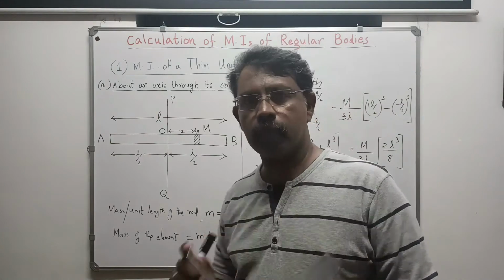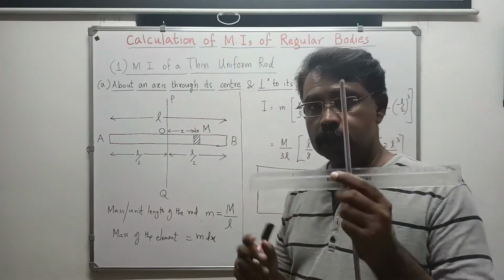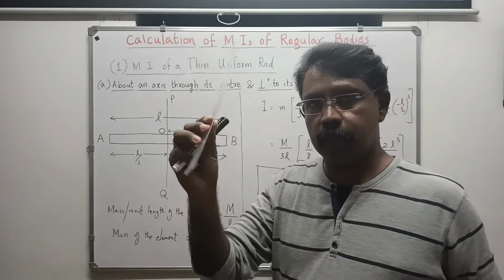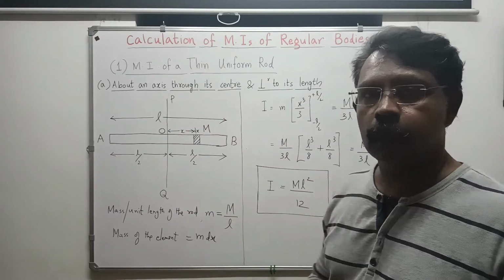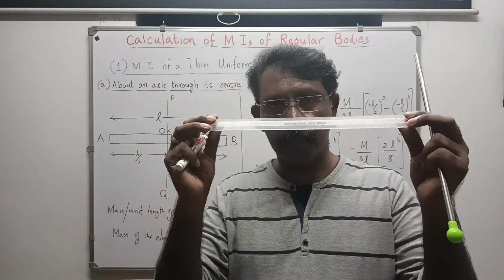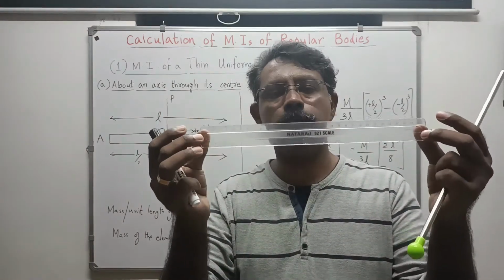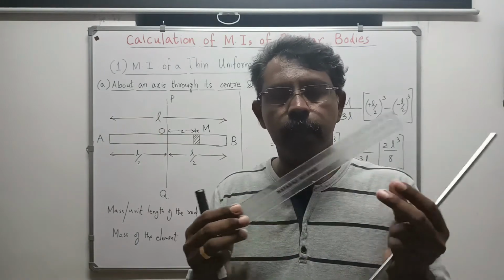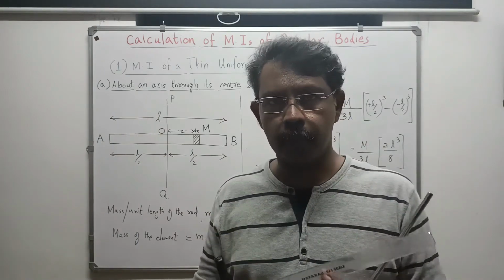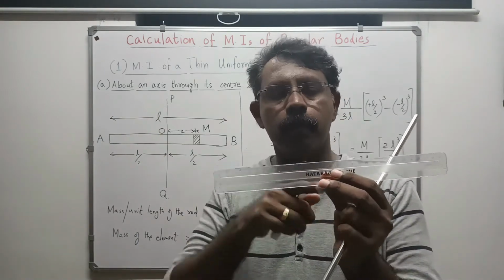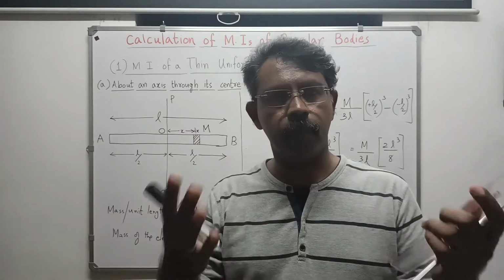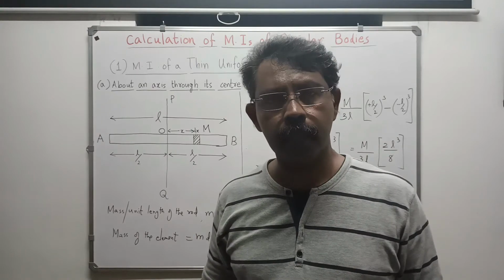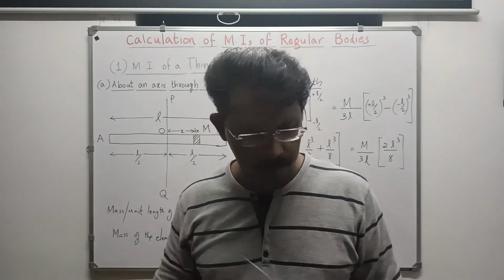You have to remember that M is the mass of the scale, L is the length of the scale, and 12 is a constant. In problems you will be given a rod or a scale of mass some grams and length some centimeters, and you will be asked to find the moment of inertia of this scale about an axis passing through the center. Immediately the formula should come to your mind: moment of inertia is M L squared by 12. So that is the first derivation.